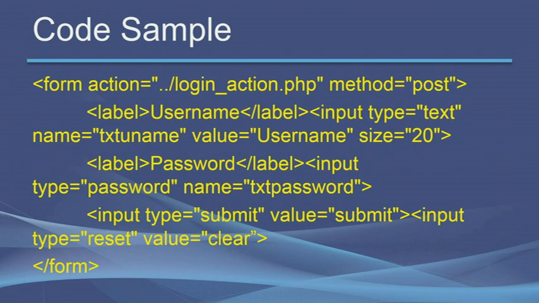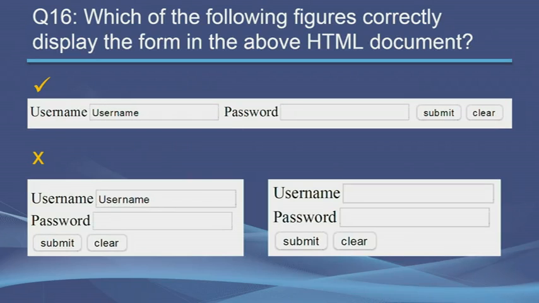So by default you can understand that the username is in the same line and the password is also in the same line. Also there is no BR tag after the password enter box or the submit button, so it will all be in one line. So that will be the correct display of this particular form.